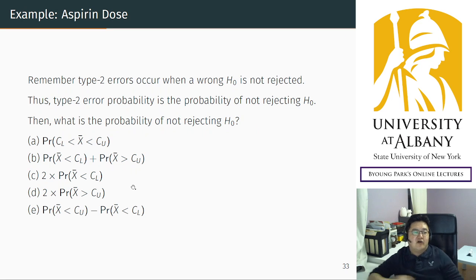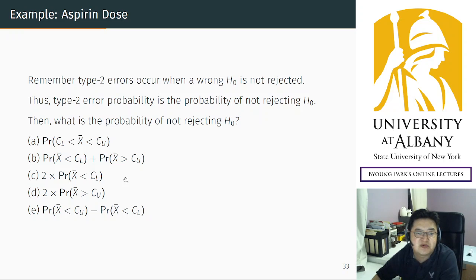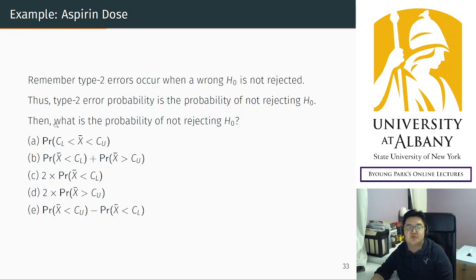And now type 2 error probability. It's not easy. So as a preliminary step, first let's think about which guy captures the probability of type 2 error, or the probability of not rejecting the null hypothesis. So remember, type 2 error happens when you do not reject a wrong null hypothesis.